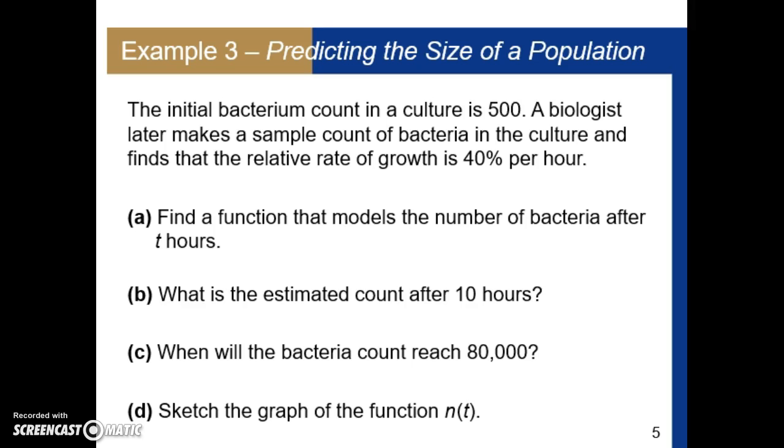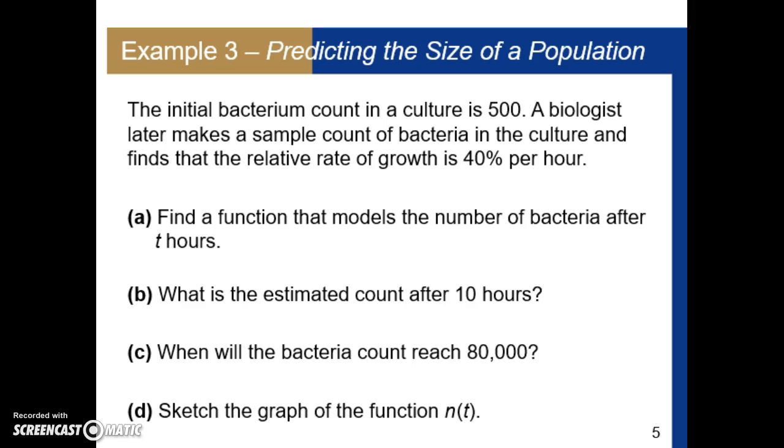So A, find a function that models the number of bacteria after t hours. So we want to come up with an initial population exponential growth function that's going to model these bacteria for any time t. We know y naught is 500, we know k is 0.4, so we've already figured that out from the setup of the problem.